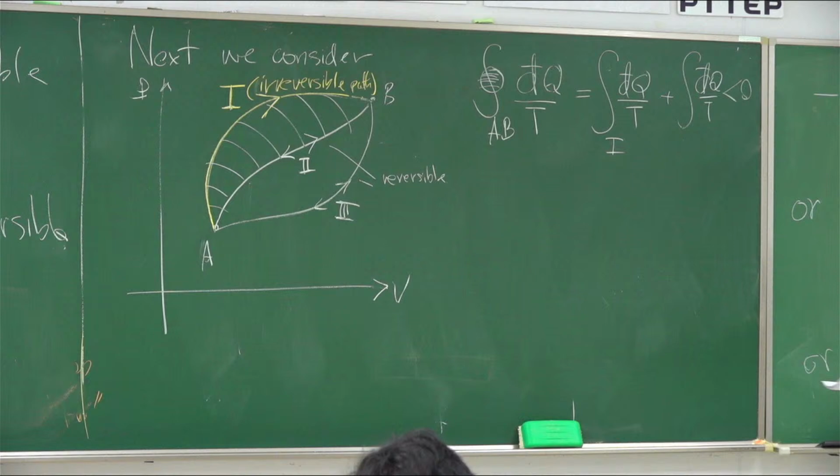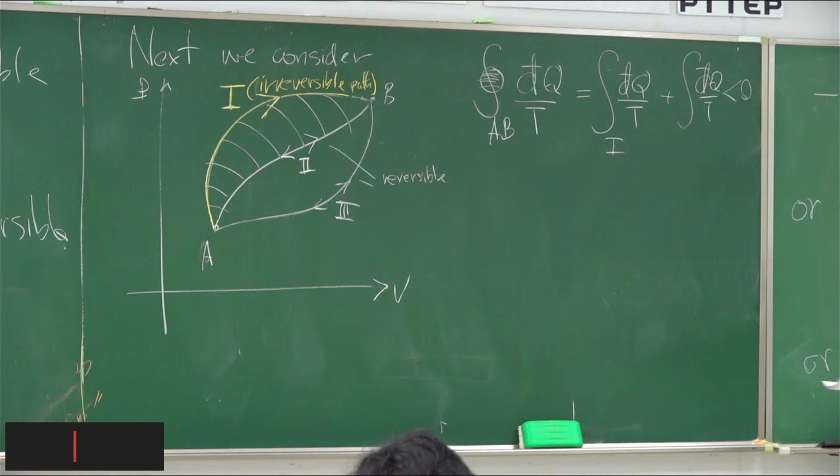So if this is your system and this is a surrounding, indicate that the heat flows out from your system to the surrounding.